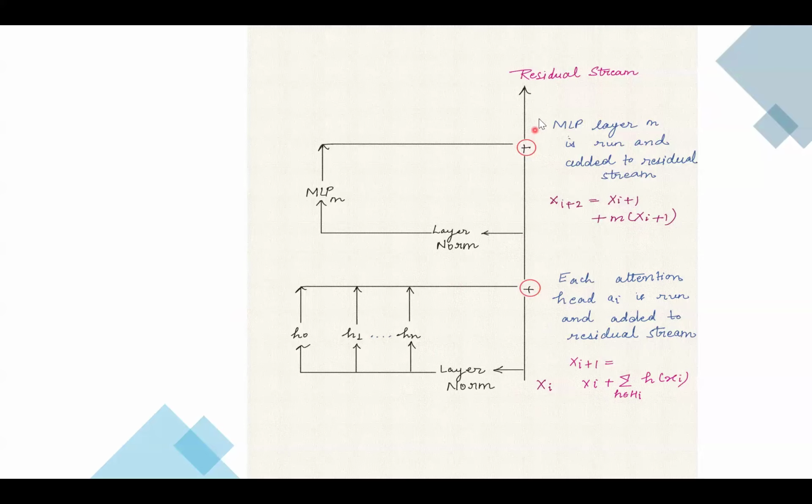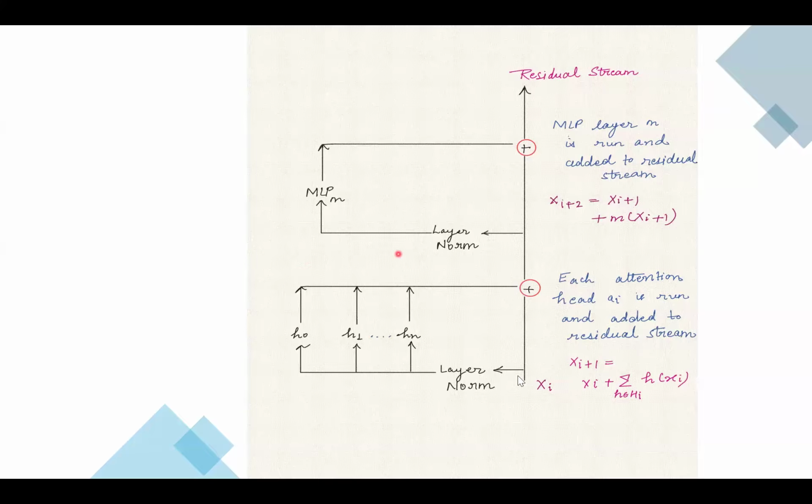So that's the very basic, crucial underlying assumption which a lot of interpretability methods later use to decompose different paths in the LLM.